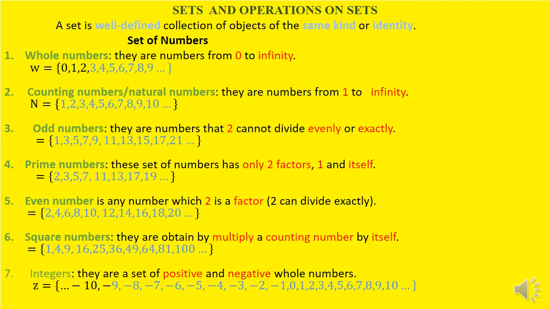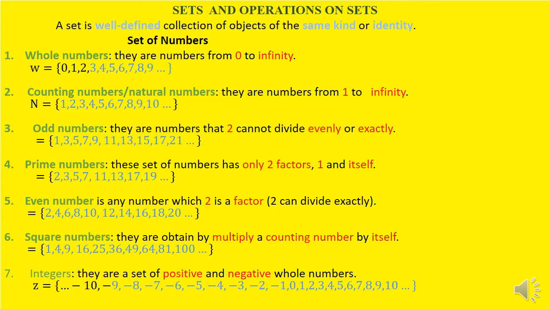These numbers are also called multiples of 2. You can see from the set that we have 2, 4, 6, 8, 10. All these numbers are multiples of 2, so they can also be called the set of multiples of 2.